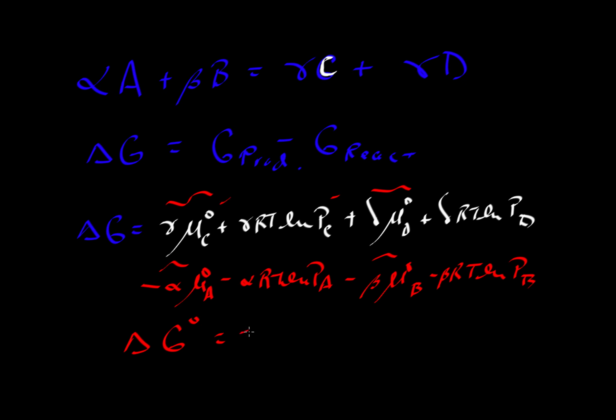So that would be gamma mu sub C naught plus delta mu sub D naught, minus alpha mu A naught, because it's in the pure state, minus beta mu B naught, also in the pure state. Let's just take all of that and call it delta G naught.